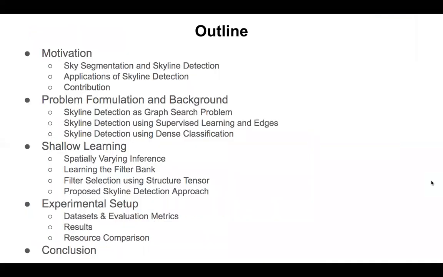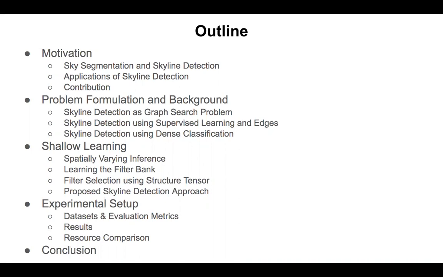So let's go through the outline of the paper. I shall first discuss the distinction between sky segmentation and the problem of skyline detection. Then we shall look at some applications of skyline detection and the contribution of our paper. Then I will talk a little bit about the background and some of the formulations for the skyline detection problem.